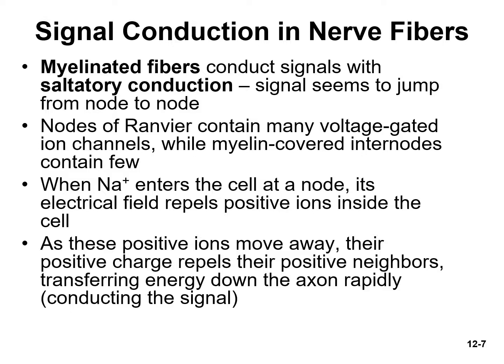Saltatory means leaping. And it's called this because the signal appears to jump from node to node. Now that's not actually what's happening, but the signal travels so quickly within those myelinated sections that it looks as if the signal is jumping from node to node.